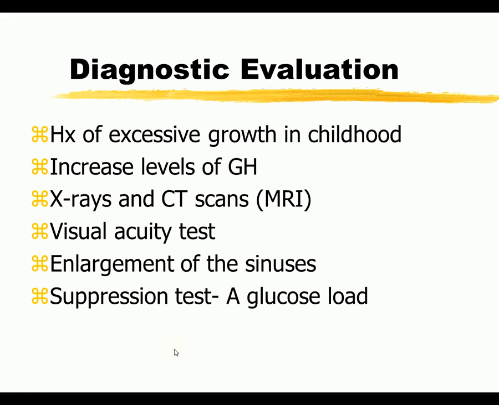Well, you're going to have a history of excessive growth in childhood, an increased level of growth hormones, X-rays and CT scans and MRIs are going to be done. They're going to be done to detect tumors because remember that's the number one cause. Now, when I say excessive growth in childhood, now instead of being at the 5th percentile, these children stay above the 95th percentile. So that's a red flag as well when they're staying on the upper edge.